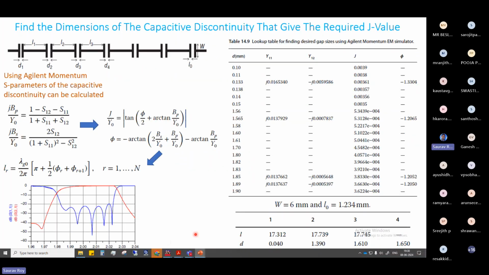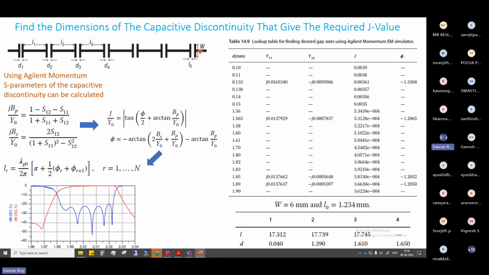Hello, sir. Actually, I came to know about the value of J, but what after that, once we have got the value of J? What about W equals 6 mm and L0 equals 1.234 mm? How have we calculated that value? See, that value they have taken.